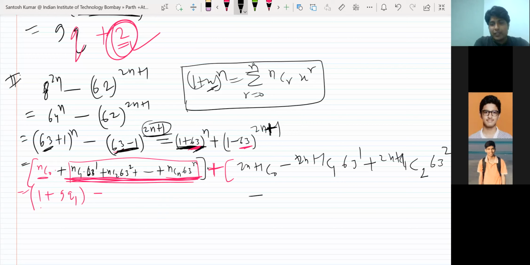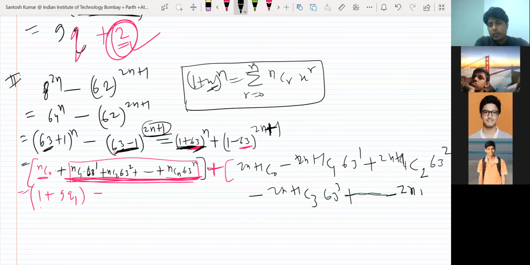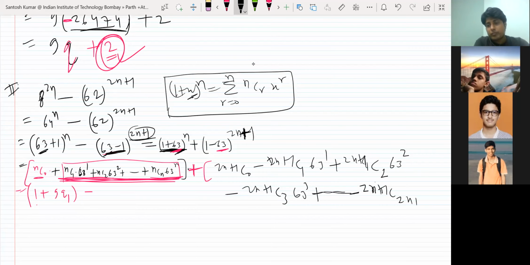Okay, so minus 2n plus 1 C3 63 raised to power 3, and so on. Alternatively it will go. So last term will be minus 2n plus 1 C 2n plus 1 63 raised to power 2n plus 1. Just in place of n, I have 2n plus 1. So wherever you see n, you write 2n plus 1.